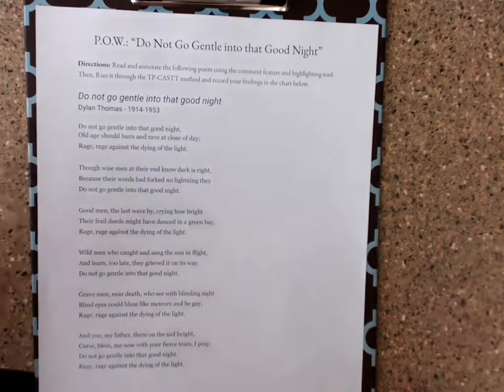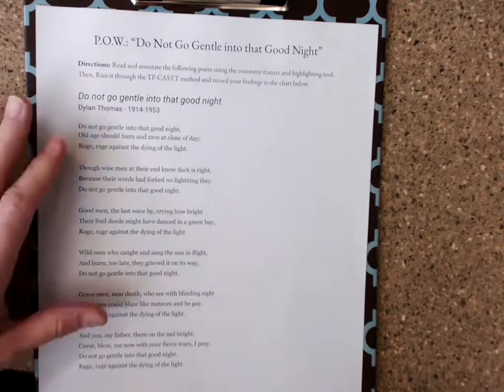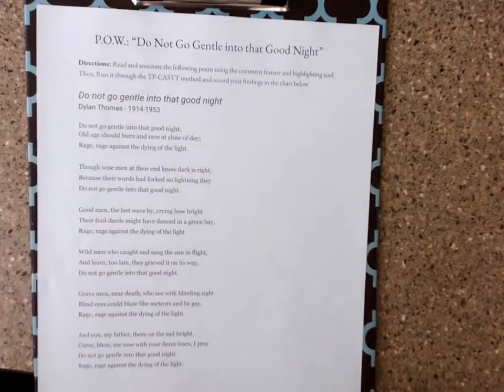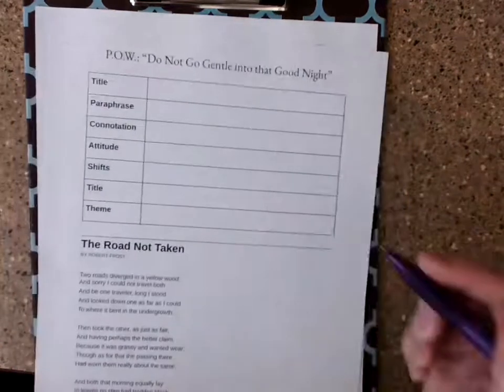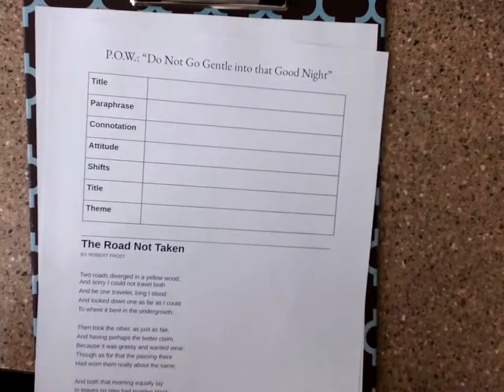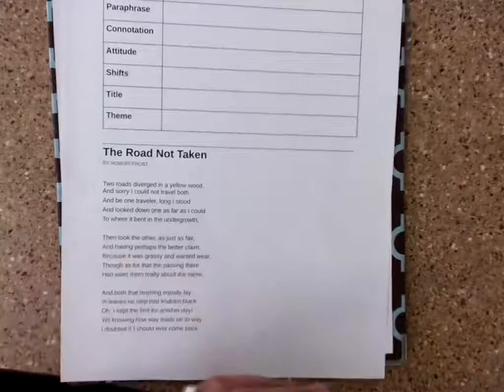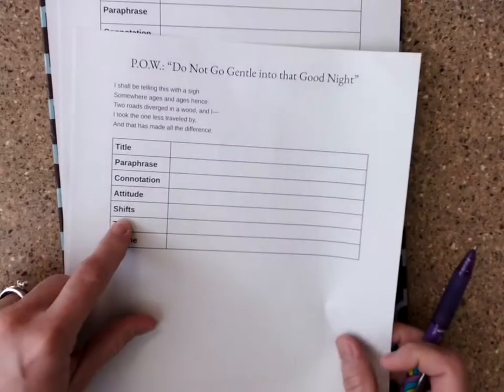Now, for this activity, you'll find it as a PDF, and you'll notice that it has two poems. The first one that you and I will do together also comes along with a chart to fill out, and then a second poem by Robert Frost, The Road Not Taken, as well as another chart to fill out.